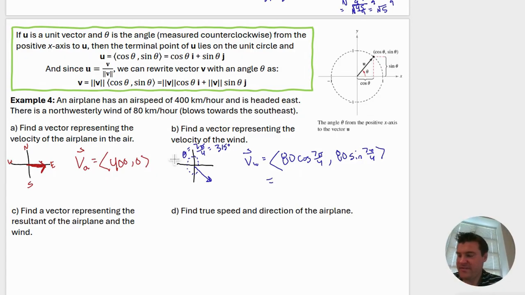I'm going to do a little bit of simplifying here, and I'm going to get this to be 40 root 2 and this is going to be negative 40 root 2. Which should kind of make sense because if you look at this vector right here, we are going to the right, so we are positive. And vertically, we're going down, so that should be negative.